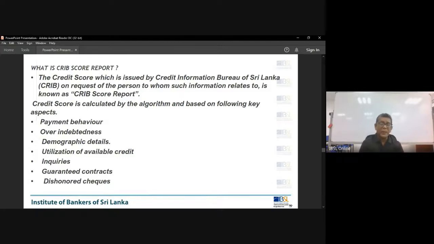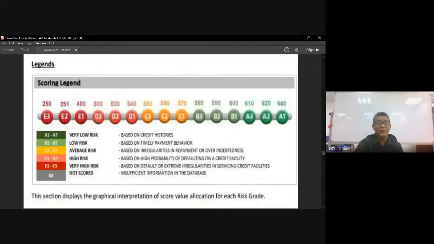Now, the credit score, which is issued by the Credit Information Bureau of Sri Lanka at the request of a person to whom such information relates, is known as the CRIB score report. Credit score is calculated by CRIB by an algorithm based on the following key aspects. Now, they will give different color codes. This is a scoring legend.